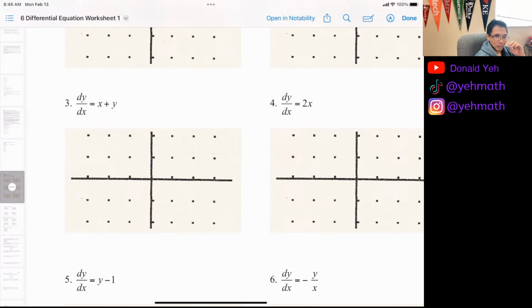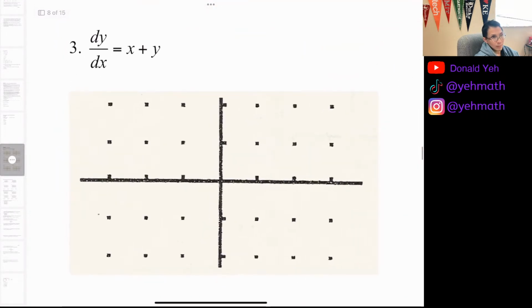So 0, 0. 1, negative 1. Oh, it's negative 1, 1. In y equals negative x, like the line. So in a line it has just one way. Look at this. All of these would be fine.